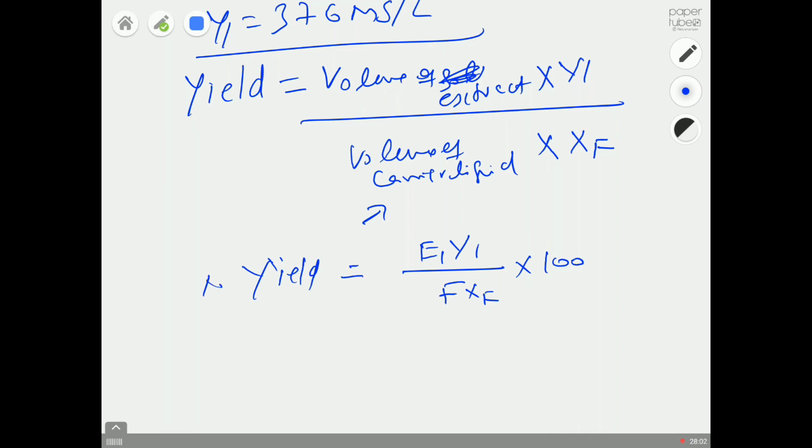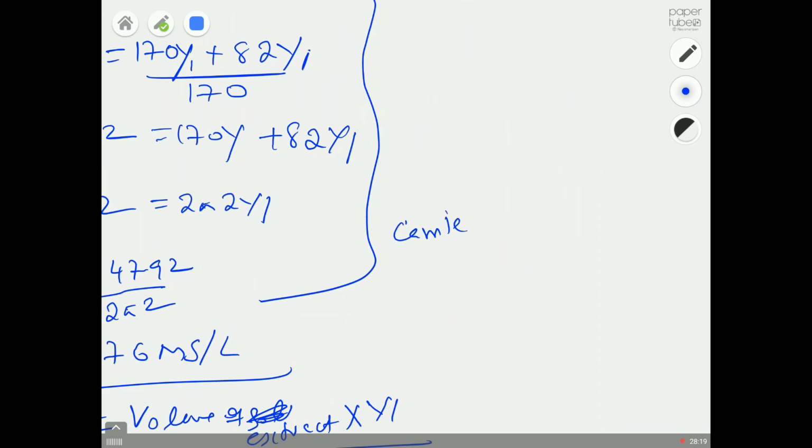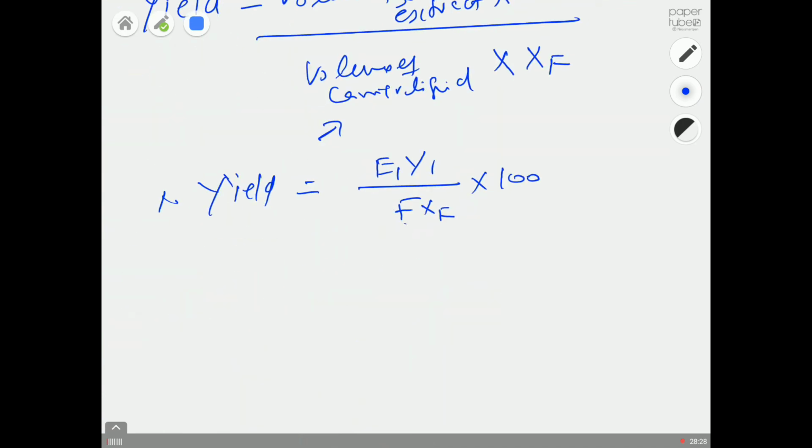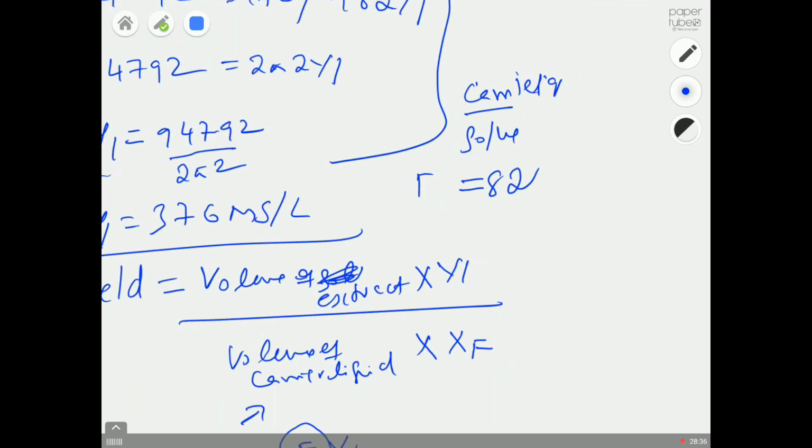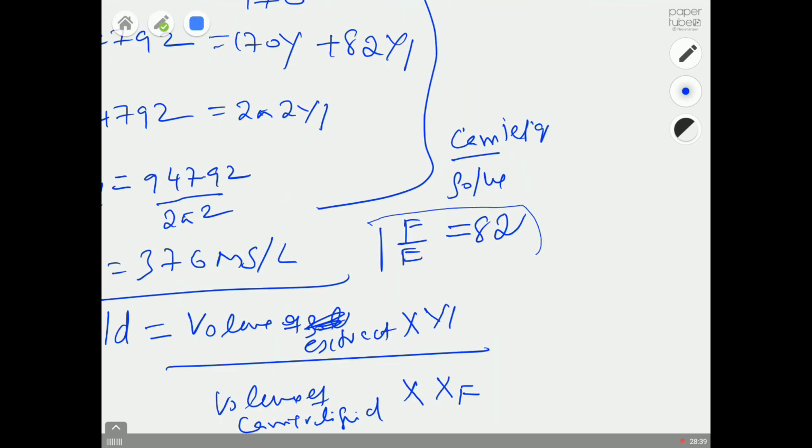So let's calculate that. E1 by F1, what is that? We don't have the values of E1 and F1, but we have the ratio of carrier liquid to solvent, which is equal to 82. So F by E is equal to 82.